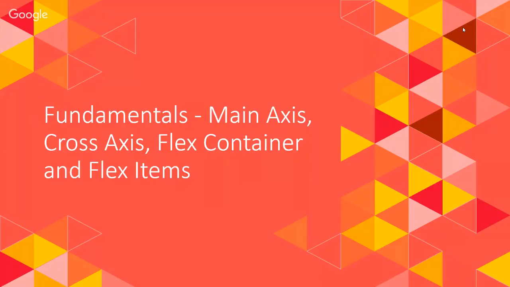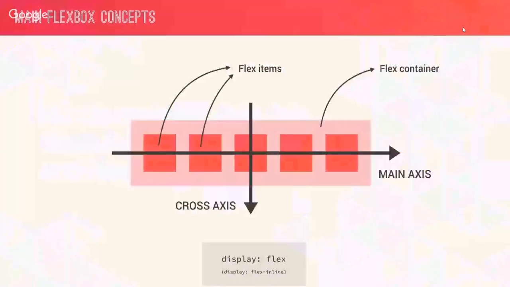Now, let's move to a bit more of the theoretical side of things, and that's the fundamentals: the main axis, the cross axis, the flex container, and the flex items. So we'll take a look at all of the four and try to understand a bit what's going on. So now, don't be scared.